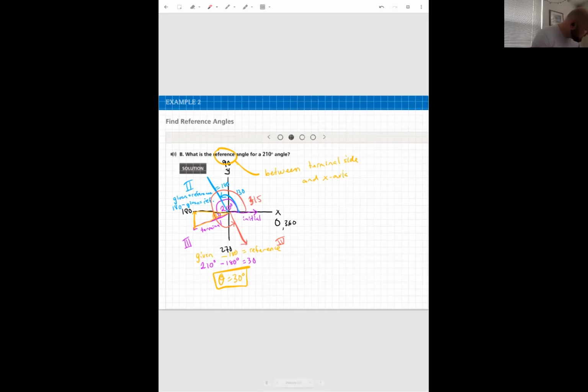My reference angle would have to take me back to the x-axis. You can see that this full circle, the x-axis, is now 360 degrees. So for quadrant 4, you're going to do 360 minus your given, and that's going to give you your reference.